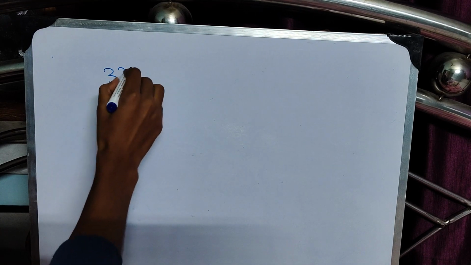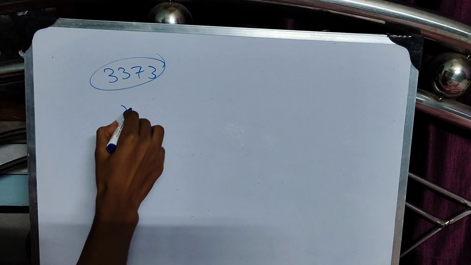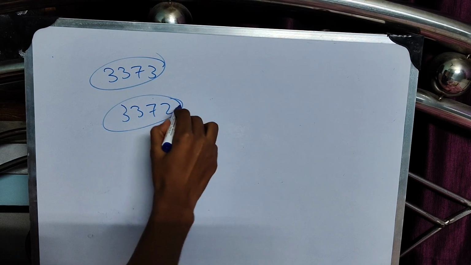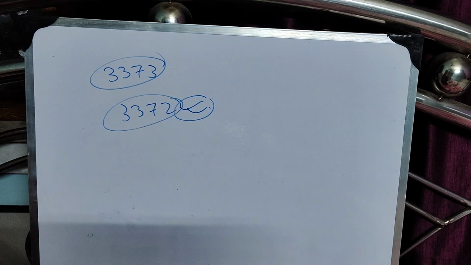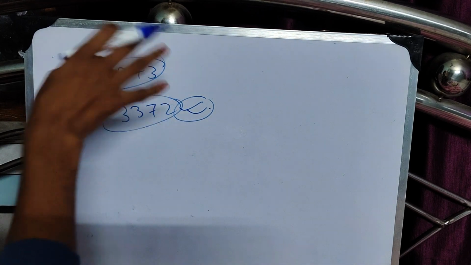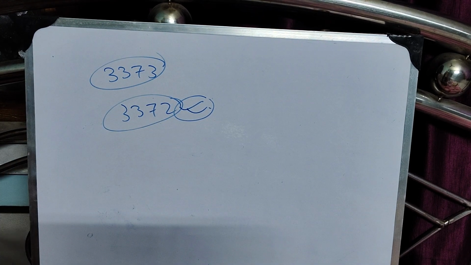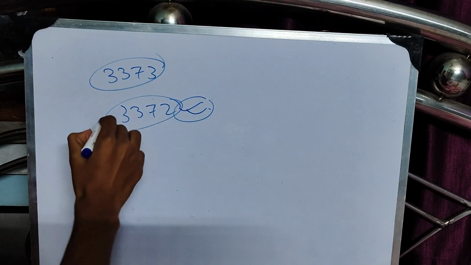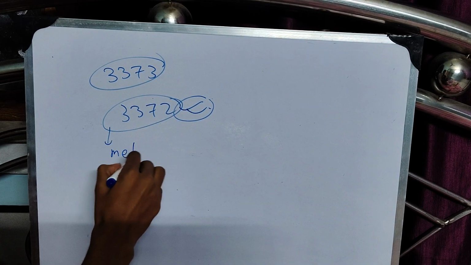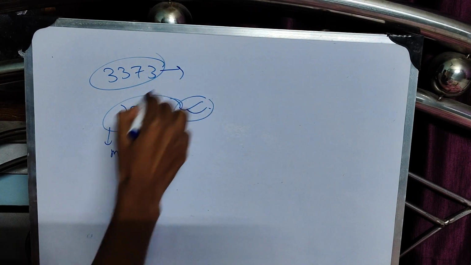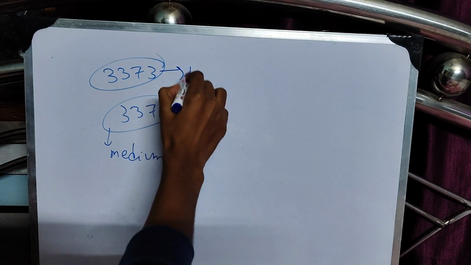Today we are going to solve one beautiful question from LeetCode, that is question number 3373. We have already solved question number 3372, that is the brute force way of solving 3373. That one is a medium level question, and the question that we are going to solve now is a hard level question.